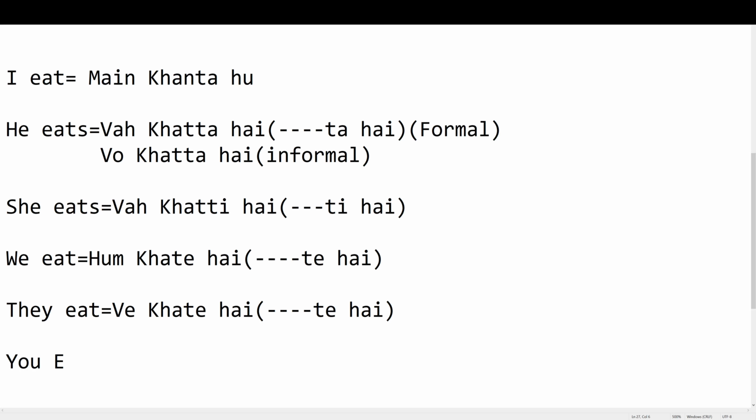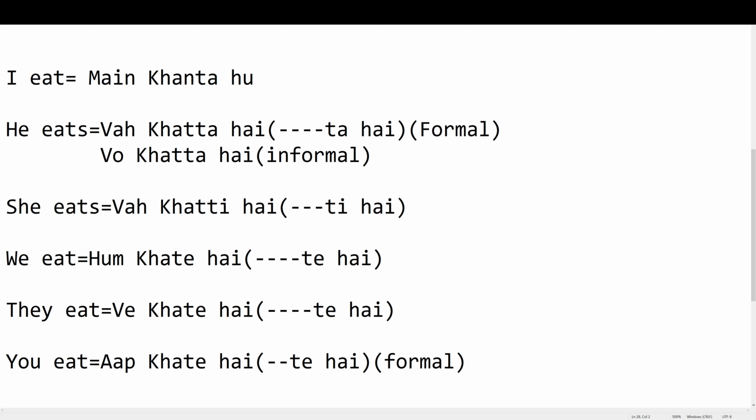You eat. आप खाते हैं. This is a formal way to say this sentence.